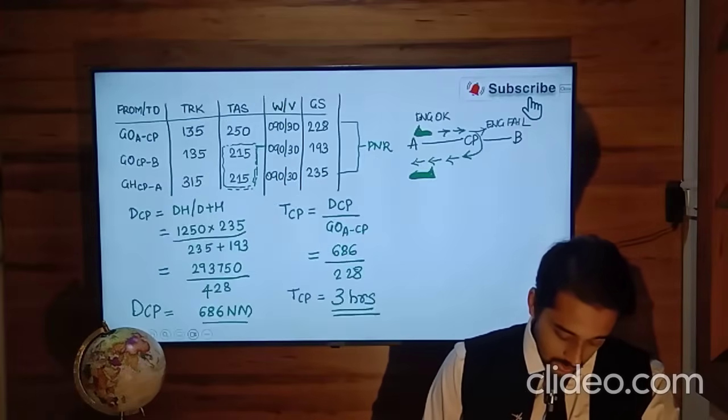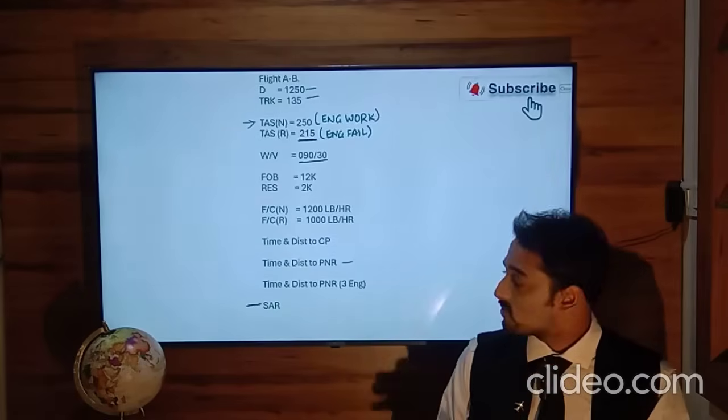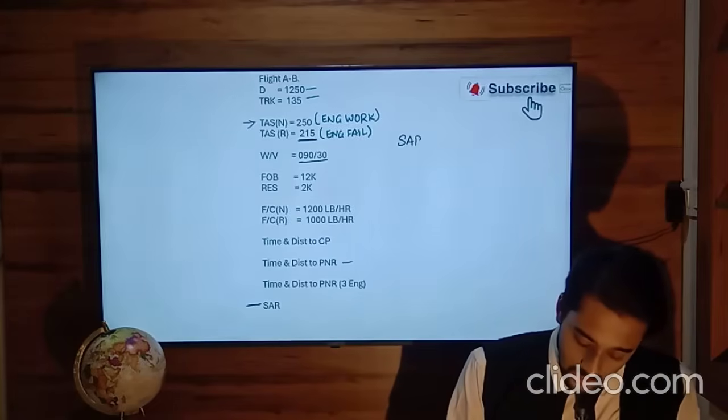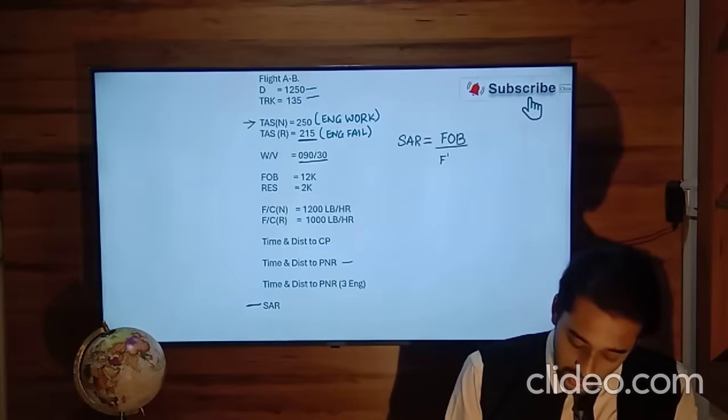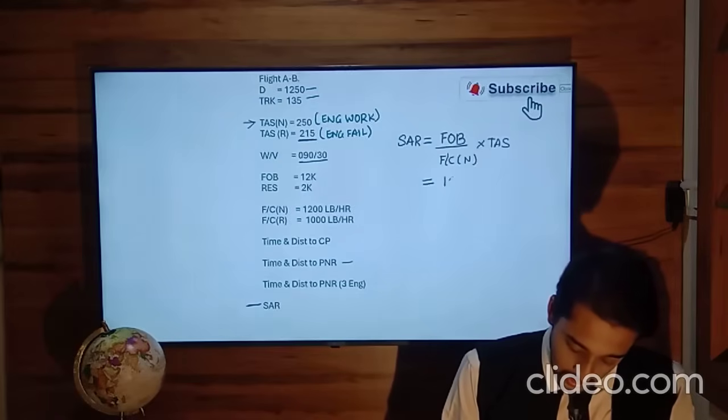Now let's go to the next part of the question. Let's calculate still air range. Very simple. Still air range is equal to fuel on board divided by fuel consumption at normal rate into TAS. Fuel on board is 12,000. Fuel consumption at normal rate is 1,200.